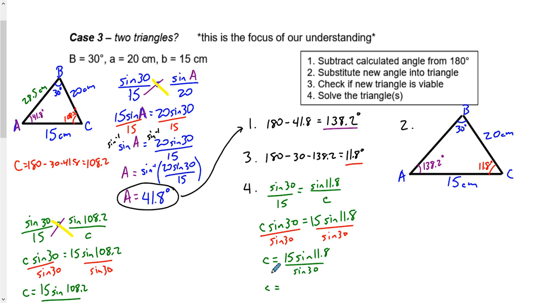So 15 sine 11.8 divided by the sine of 30. Make sure I end off my brackets. 6.1.